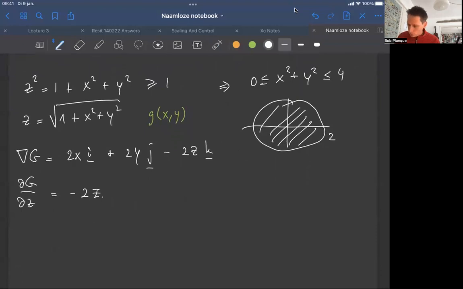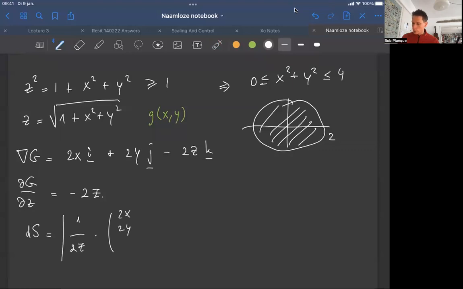So dS equals the length of 1 over 2z times the gradient. We don't care about the minus because we're taking absolute values in a minute anyway. We're squaring and taking square roots of the vector.